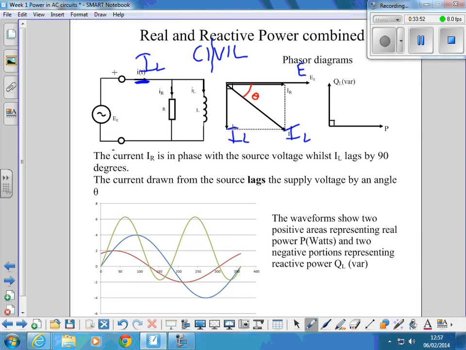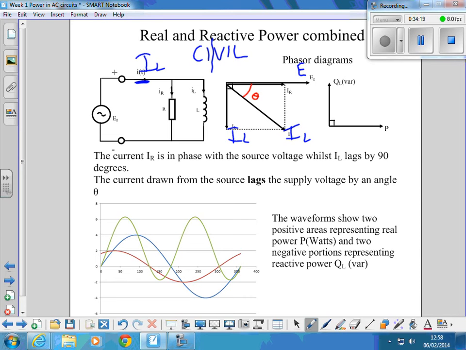So we've got a current IR in phase with the source voltage, whilst IL lags it by 90 degrees. The current drawn from the source hence lags the supply voltage by an angle theta, and that angle will depend upon how big the inductive current is to the resistive current.